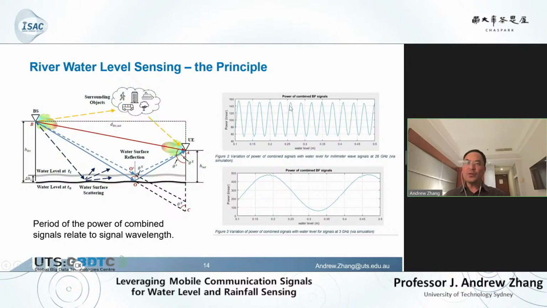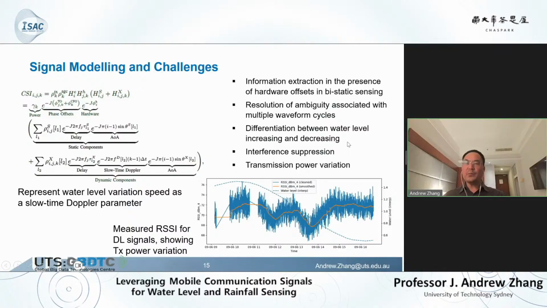So we do not know whether the water is increasing or decreasing at the moment. Right, so this is another challenging issue. The third issue, and probably the most challenging, is how to suppress various interferences, as we just mentioned.